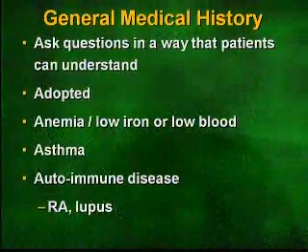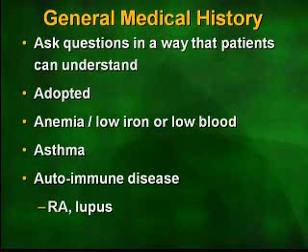Okay, and again, in the general medical history, we want to ask the questions in a way that the patients can understand. You really have to adapt it to your patient. Some people may not know what anemia is, but you might want to say, have you had low iron or low blood?